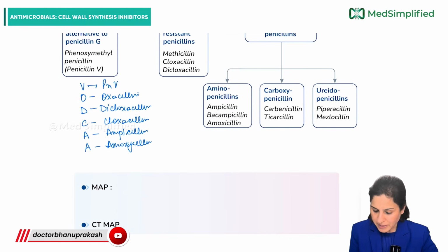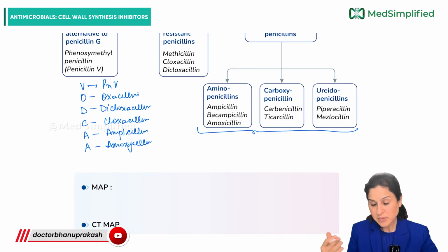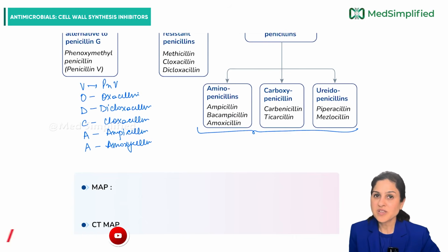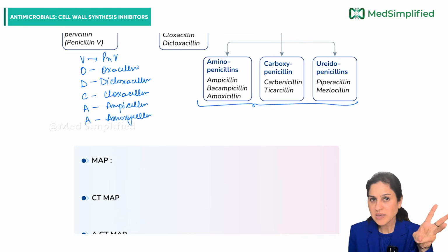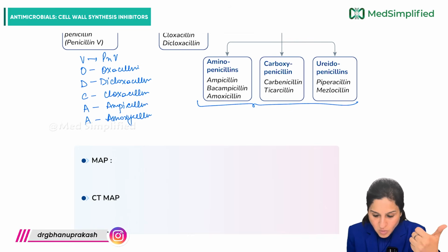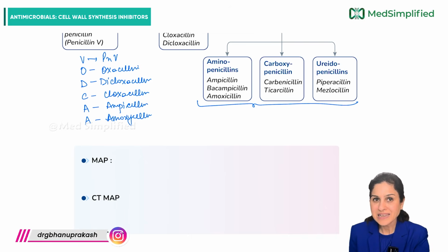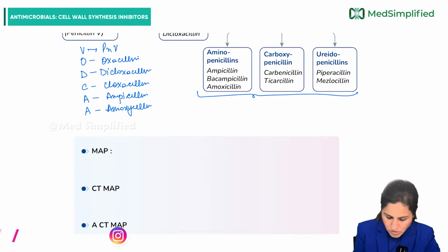Now, extended spectrum. So these are your extended spectrum penicillins. Another interesting way to remember this is that they work against three microorganisms: Klebsiella, Pseudomonas, and E. coli. Starting from the first organism, Klebsiella, remember the MAP mnemonic.